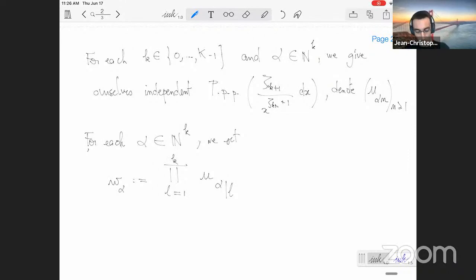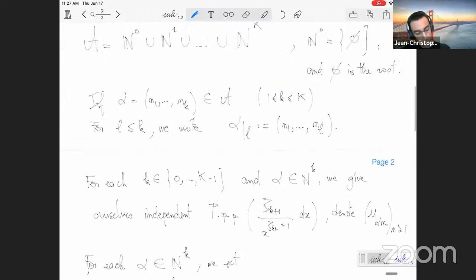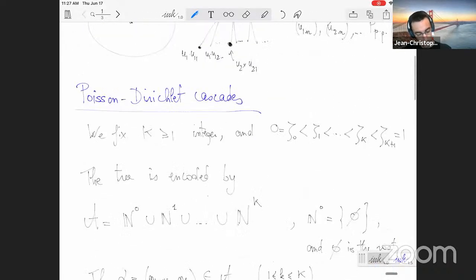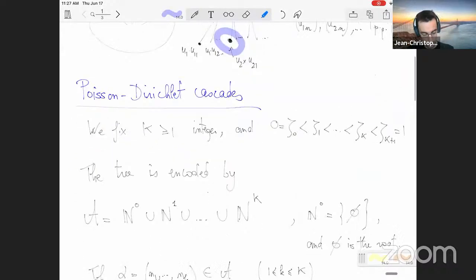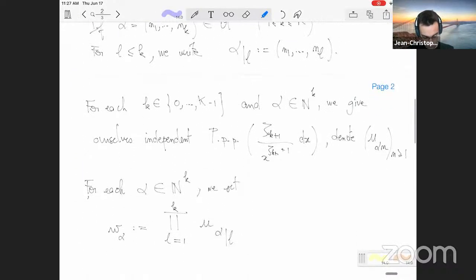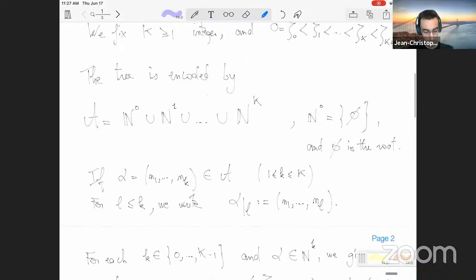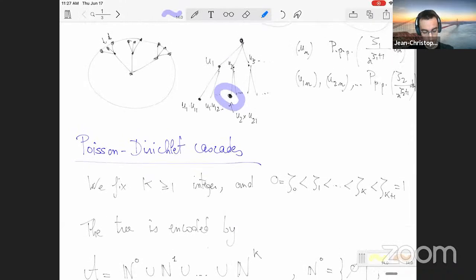Okay, so I hope the picture is clear. This corresponds to the thing I was trying to explain in this picture here. If I want to know the weight of this guy, this guy is indexed by the pair 2,1.